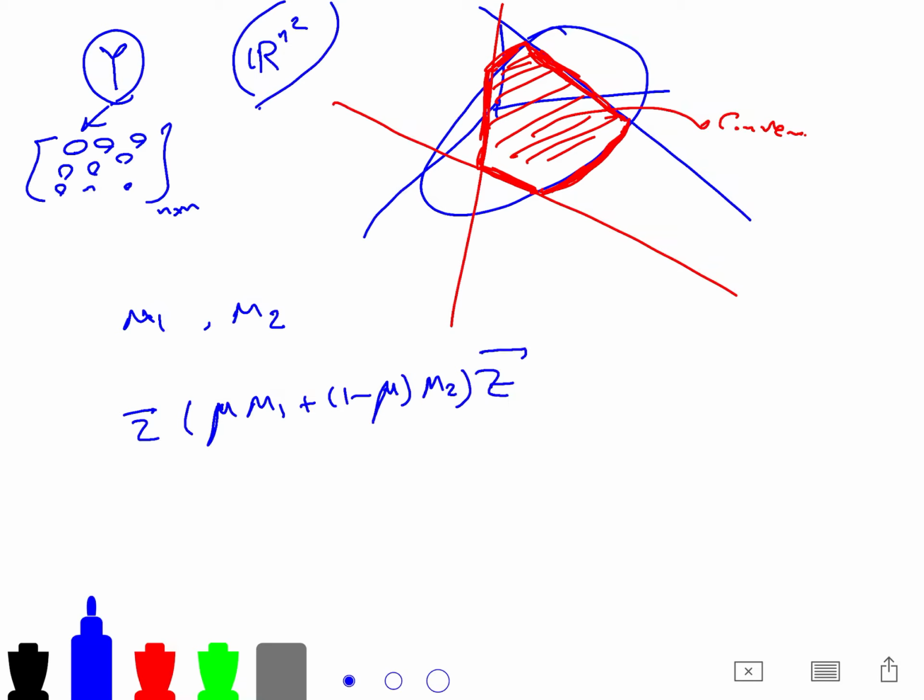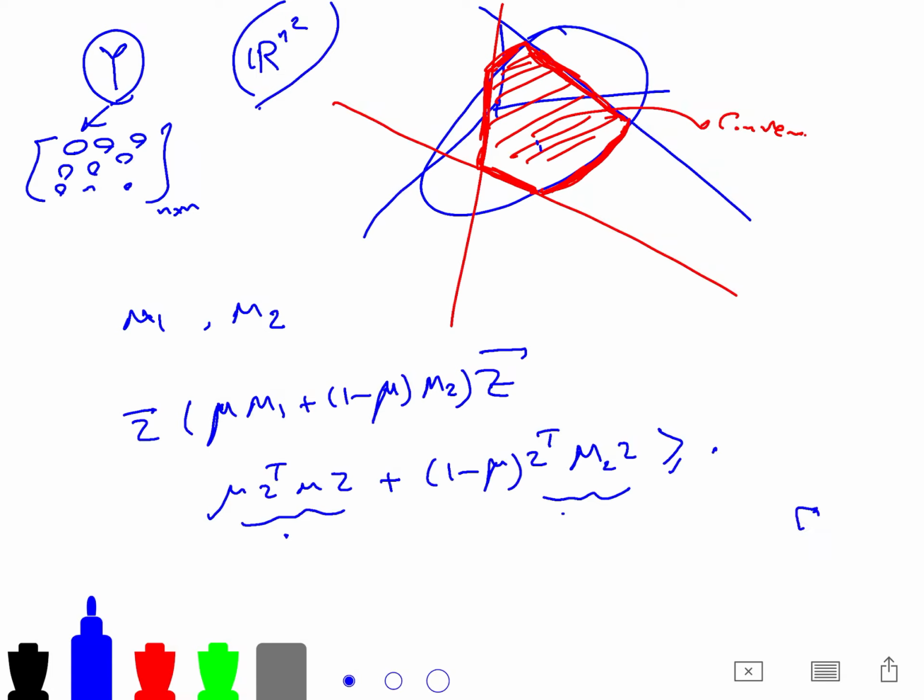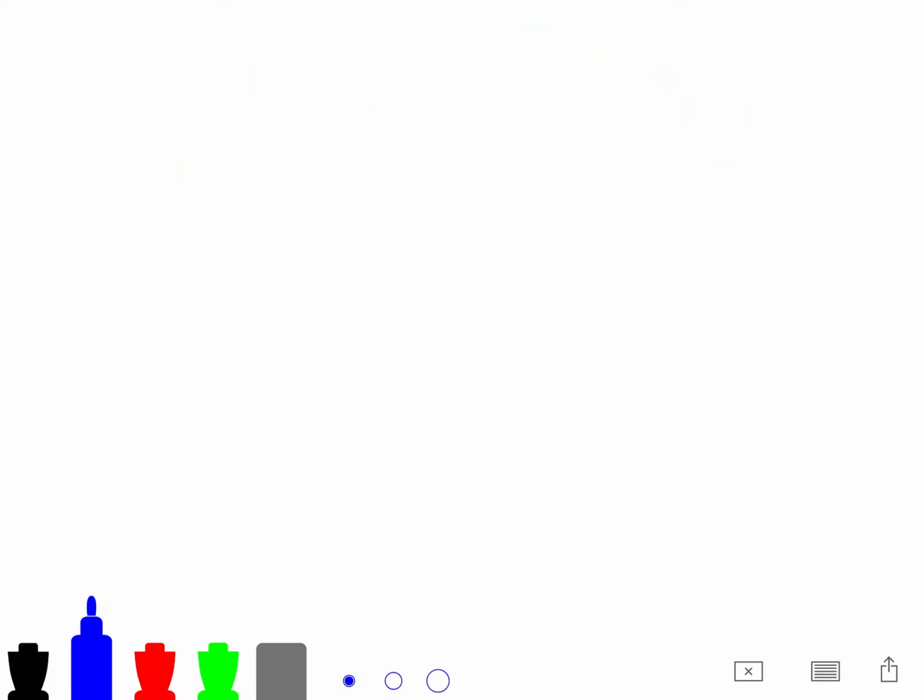If we prove this, then this area of PSD matrices is convex. If you simplify this, it becomes mu Z transpose M1 Z plus 1 minus mu Z transpose M2 Z, and this is greater than or equal to 0, because each term is non-negative, and our proof is complete.